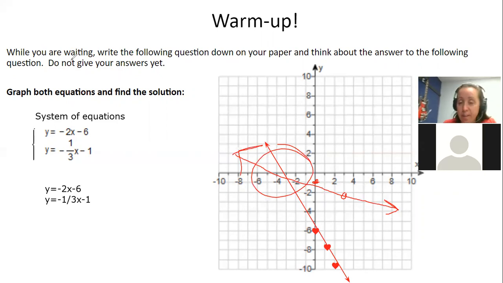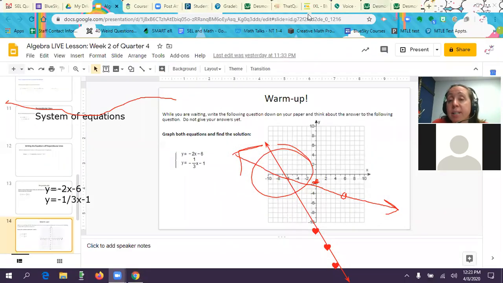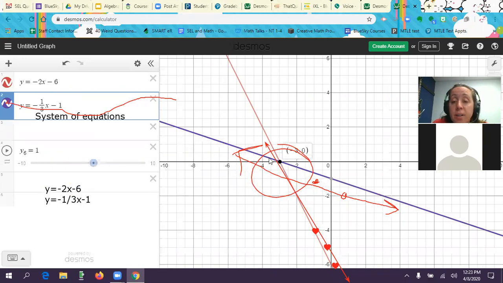So I really want to encourage you to use Desmos. When it says graph both equations and find the solution, wherever they cross, that is your solution. So according to Desmos, they do cross at -3, 0.